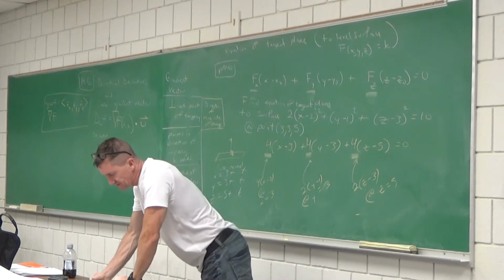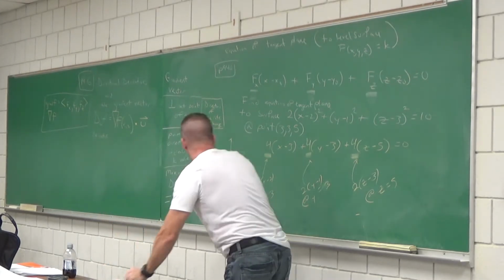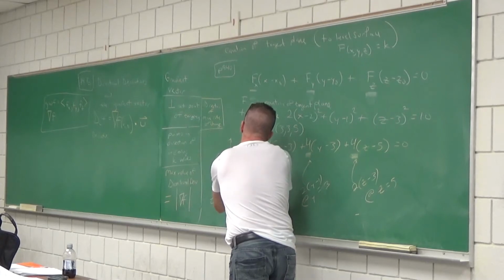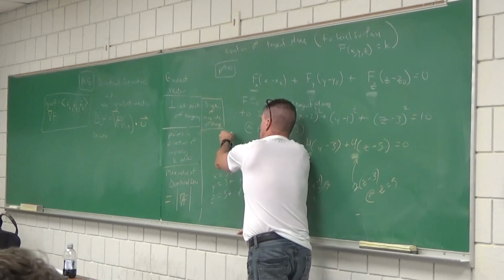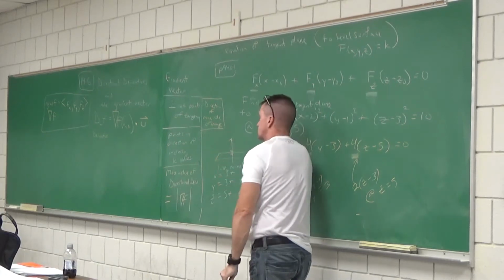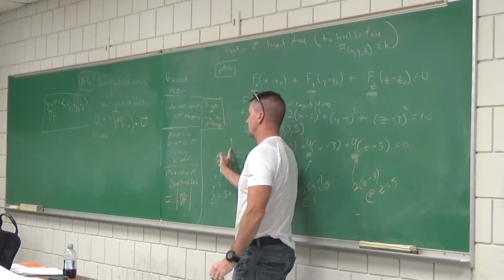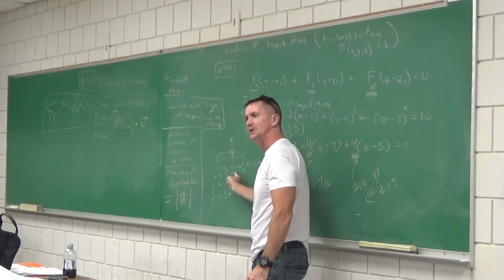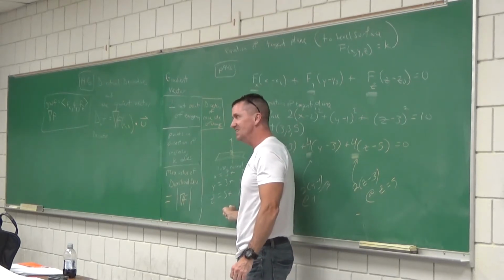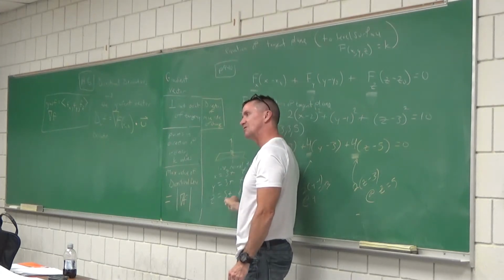They wrote the line normal to the surface at the point. Well, to be normal to the surface means perpendicular to the surface. It's going to run in the same direction as the gradient vector. So guess what numbers I use right here? Use the gradient vector. If it's going to be normal to the surface, use the gradient vector.